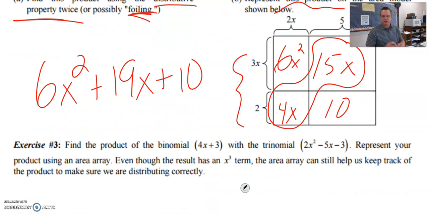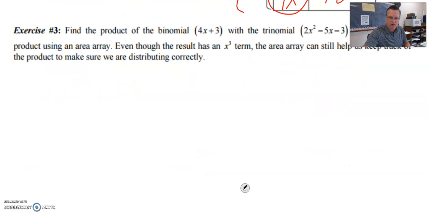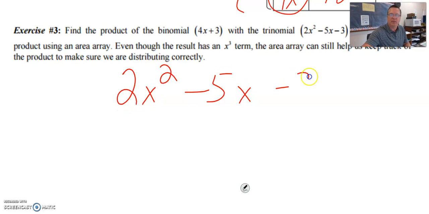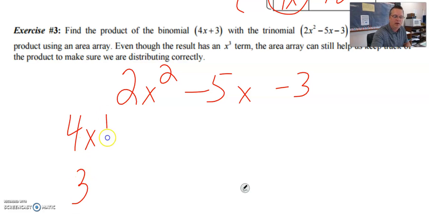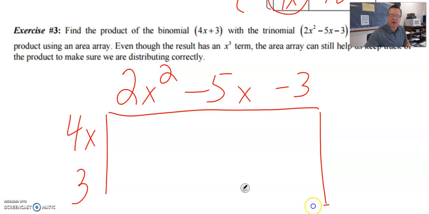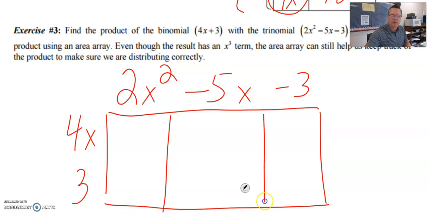Exercise 3 is very similar, except you have a binomial with a trinomial. I like to put the trinomial on top. Now you have to be very careful when you have negatives. You have to keep those negatives. On the 3, I don't need the positive sign. I know it's positive. Now it's just a little longer.